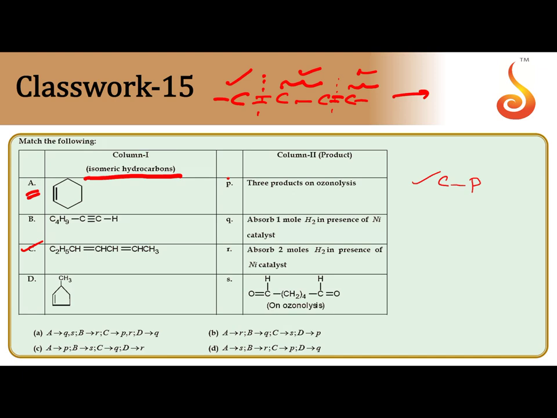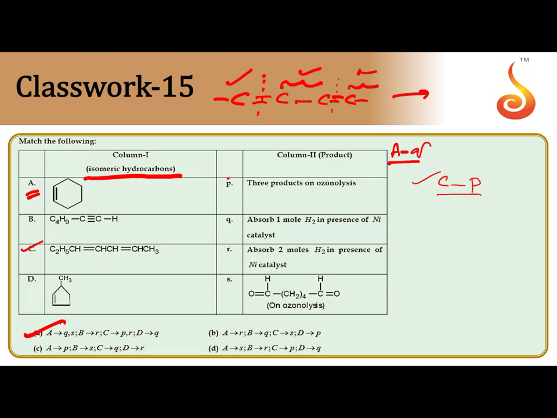It absorbs only 1 mole of H2 in the presence of nickel, because of 1 pi bond. So for A, the correct pair is Q. So AQ, CP, with this option A is there. So in this way you can easily find out.